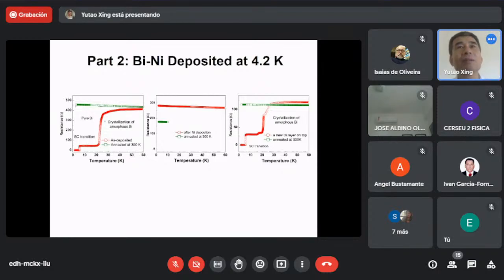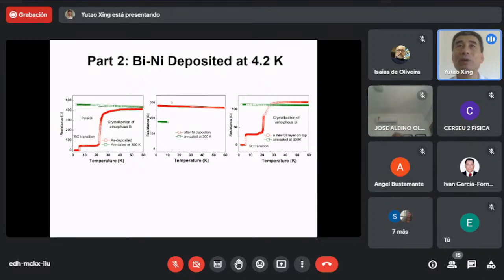And then we cooled down the sample to 4 Kelvin again, and we deposited another nickel layer. The red one is after deposition of the nickel layer. This is also a measurement that was done in situ. And when we do the measurement in situ, we couldn't find any superconducting transition.